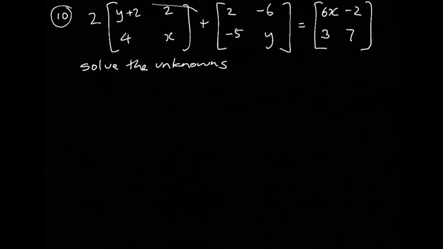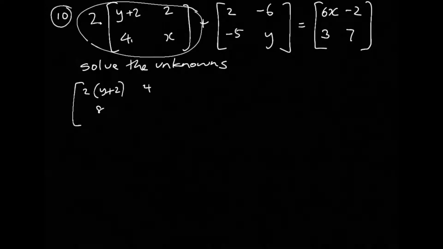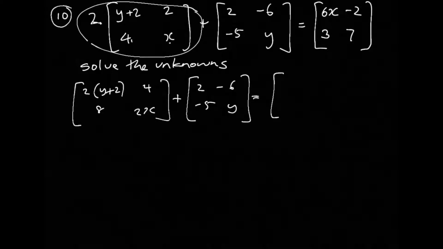Alright, solve the unknowns. Firstly, we do the scalar multiplication. So we've got 2y plus 2, 4, 2 2s are 4, 2 4s are 8, and 2 times x is 2x, plus 2 minus 6 minus 5y, we just carry that across because we're not doing that yet, 6x minus 2, 3, 7. Now we can expand these out.